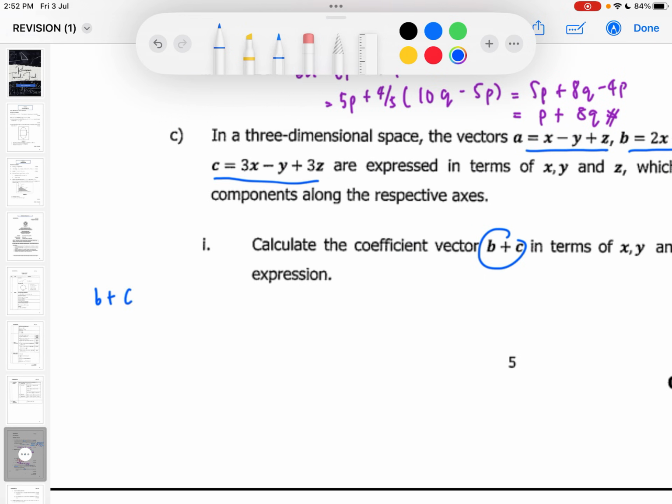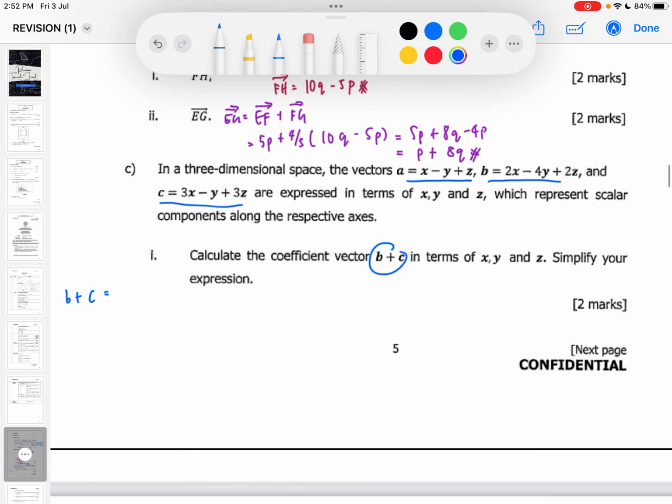So B plus C equals 2x minus 4y plus 2z plus 3x minus y plus 3z. So that is 5x minus 5y plus 5z. We can simplify that into 5 times (x minus y plus z).